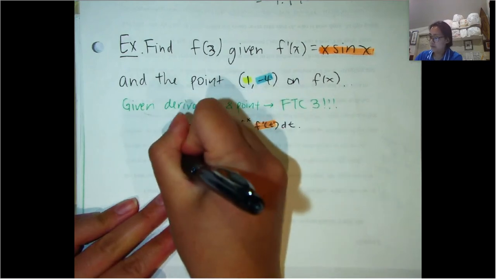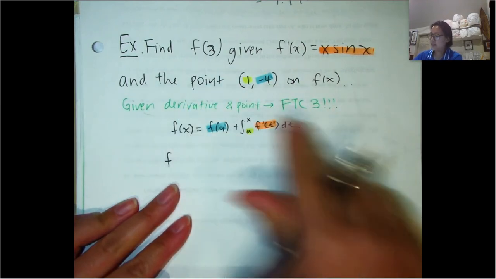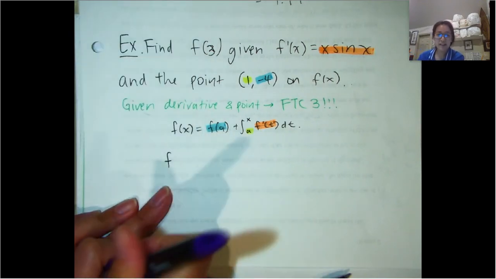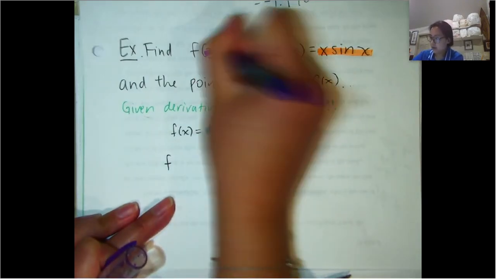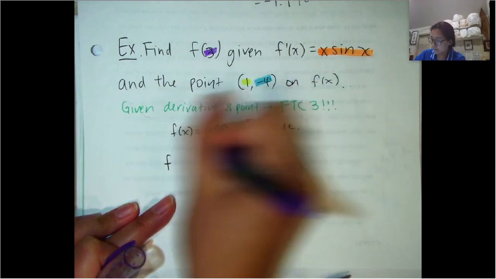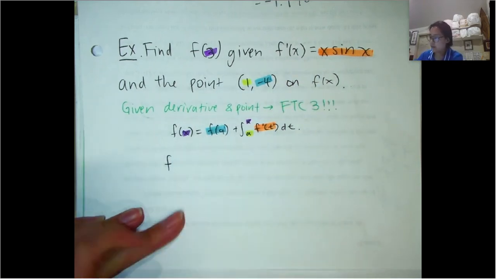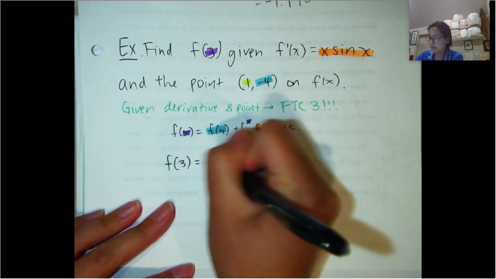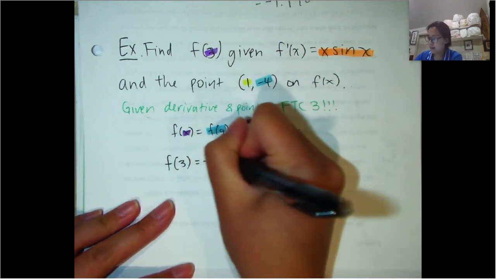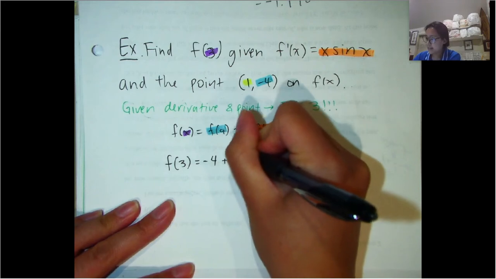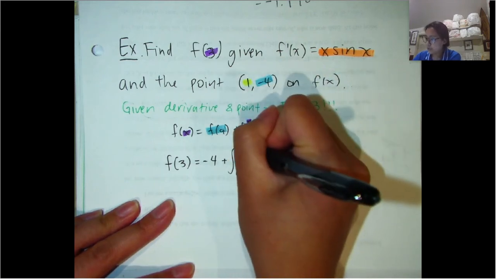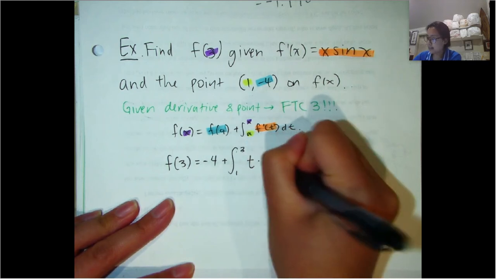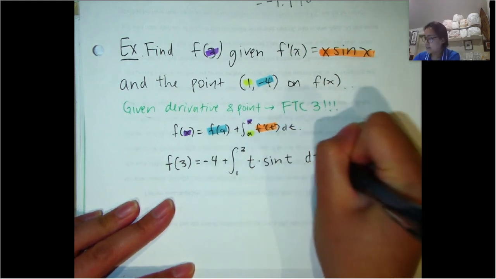So since it says find f of 3, we're actually going to plug in 3 for x as well. So 3 is going in for x. Okay, so we have f of 3 equals f of a, that's -4, plus the integral from 1 to 3 of f prime of t. Well, that's t times sine of t dt.